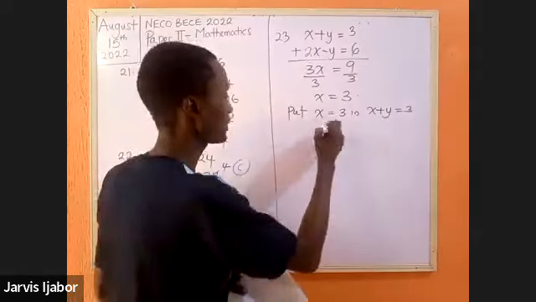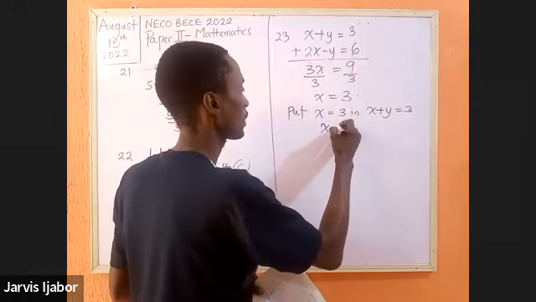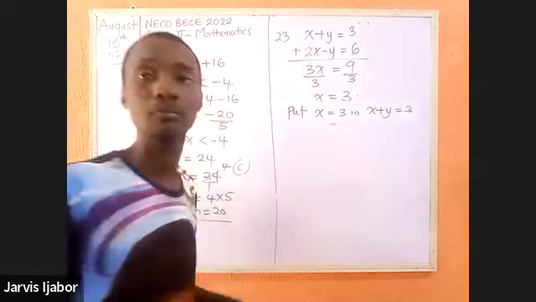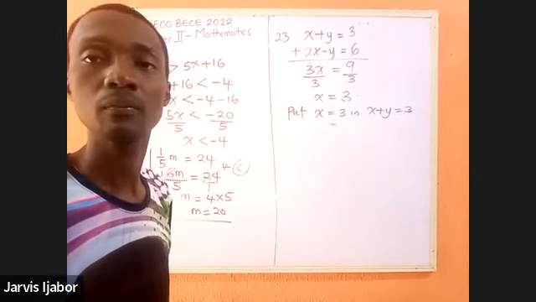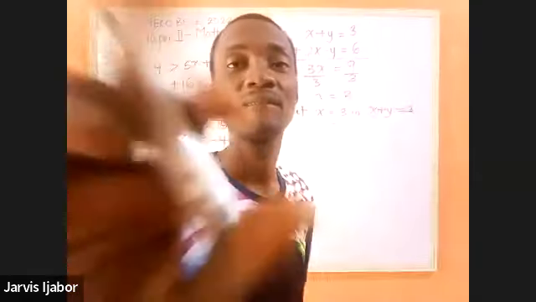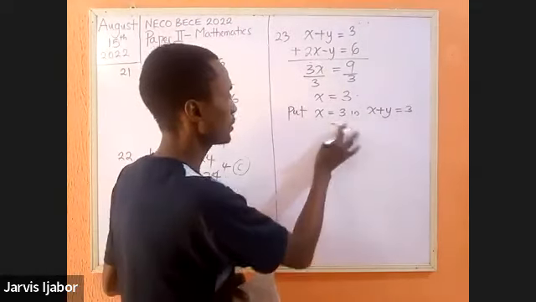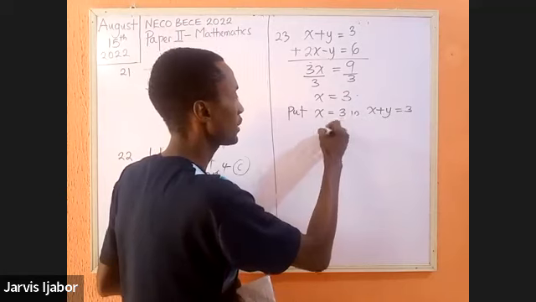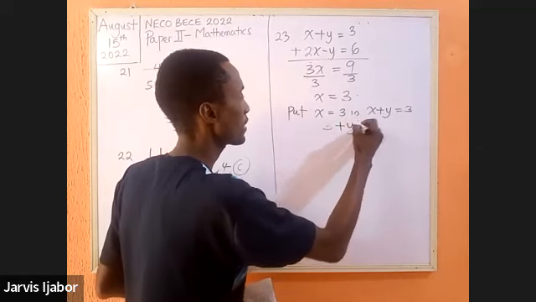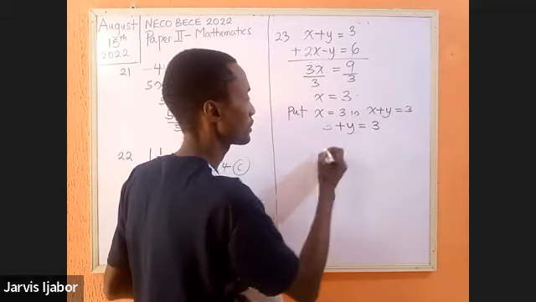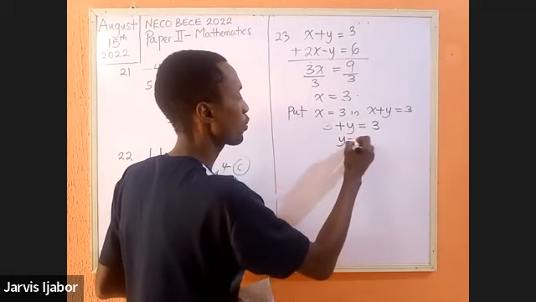So this will give me 3 plus y equal to 3. So y will be equal to 3 minus 3.